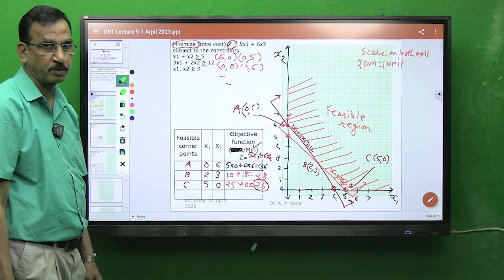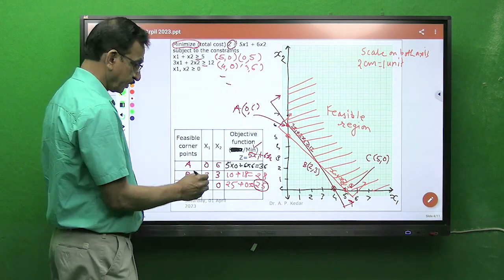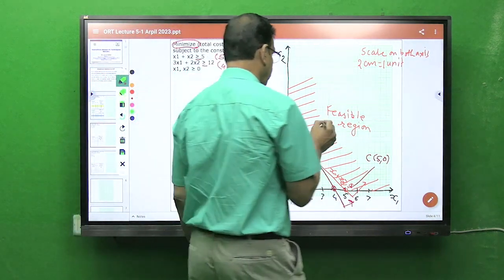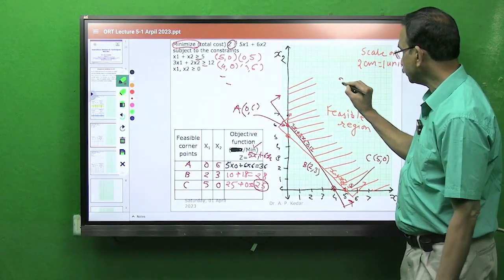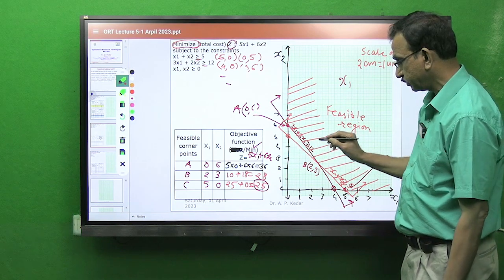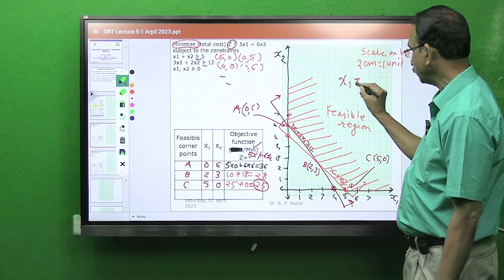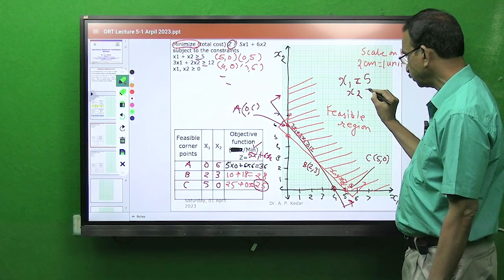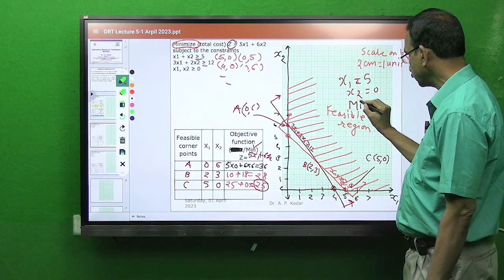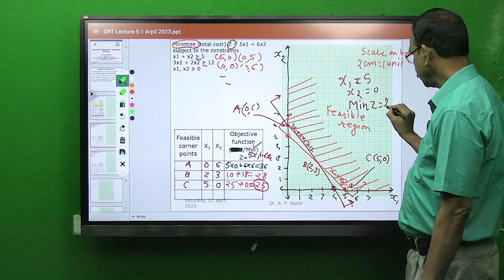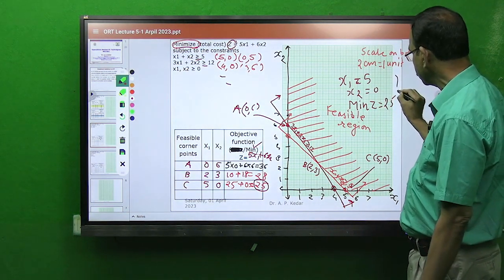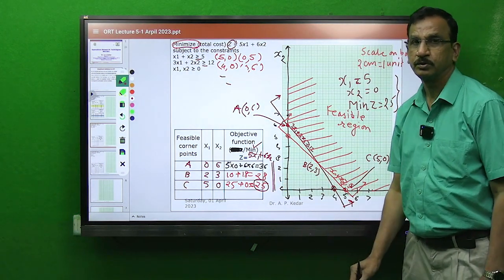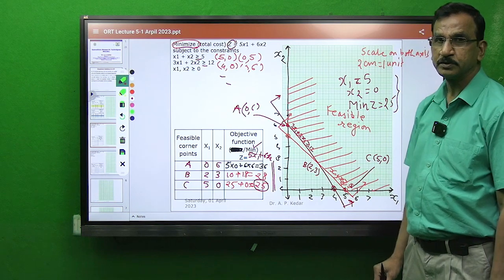So answer for this problem by graphical method will be, now produce x1 equal to 5, x2 equal to 0, and your total cost minimize z will be equal to 25. How you arrived at this point is through comparison of these values of objective function minimize z.